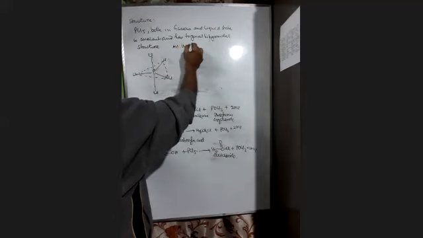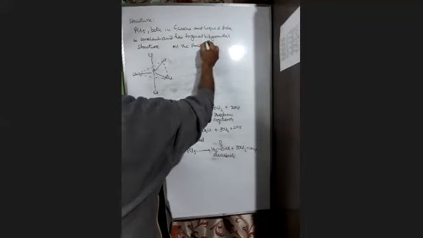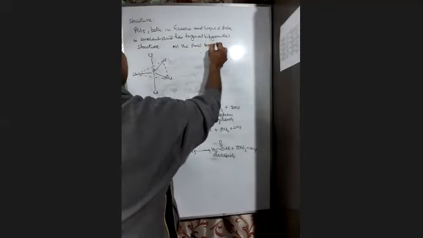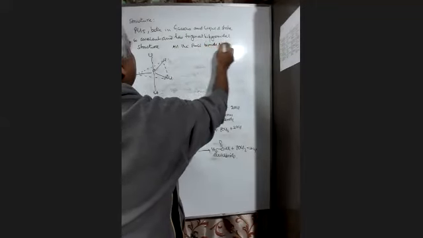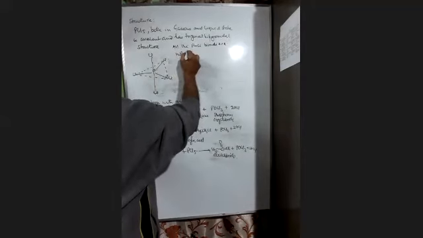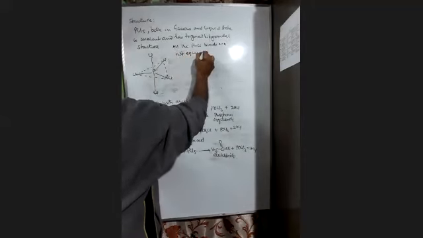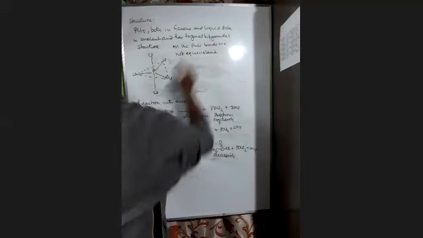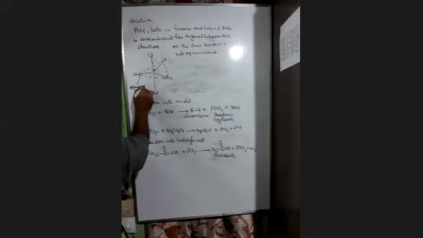All the PCl bonds are not equivalent. See, these bonds are called equatorial. So it has 3 equatorial bonds.